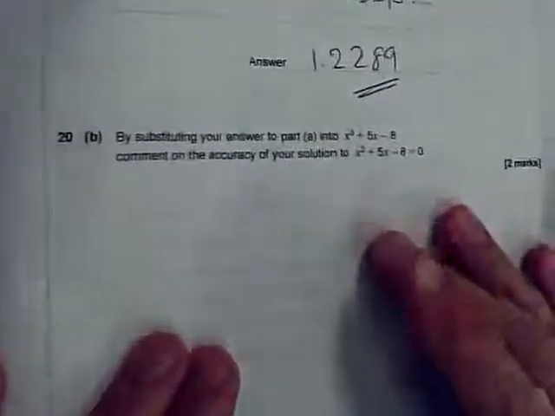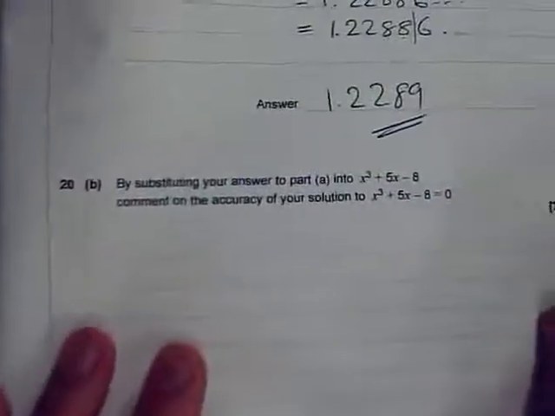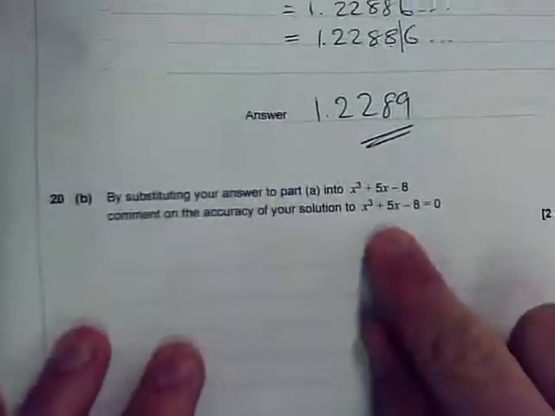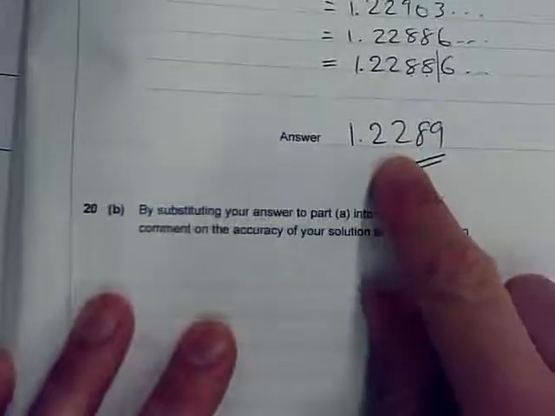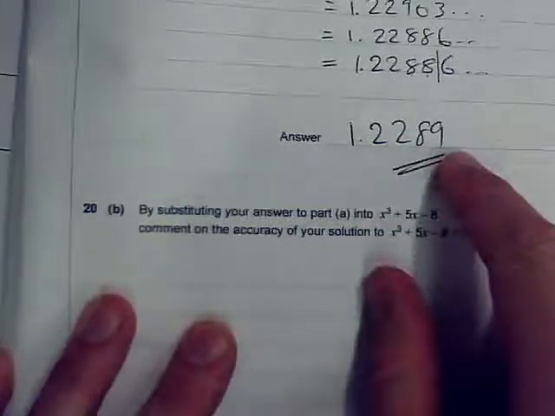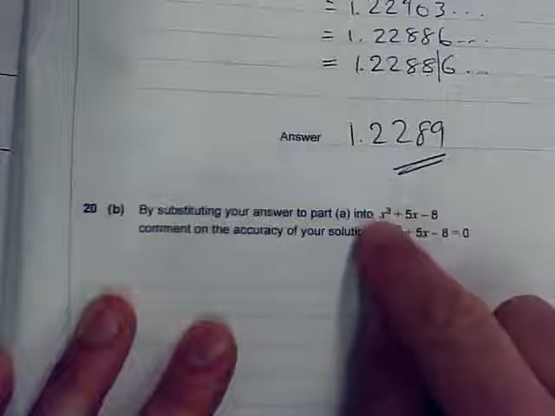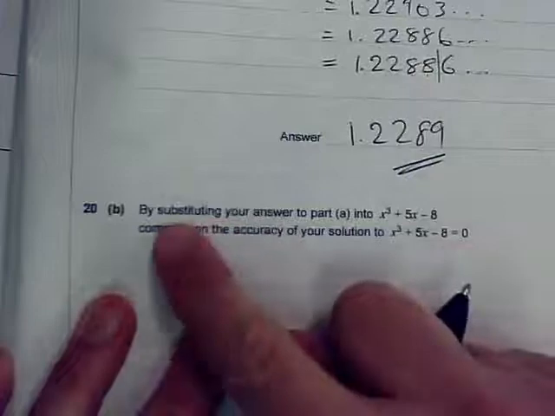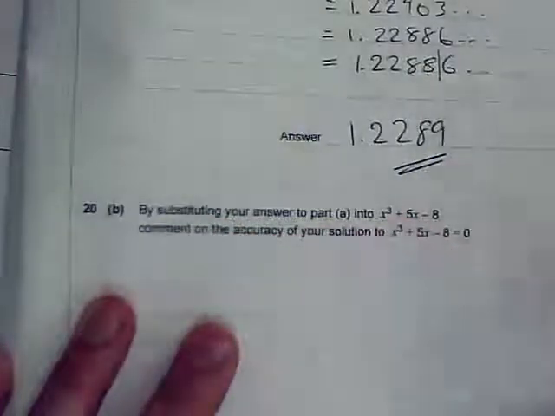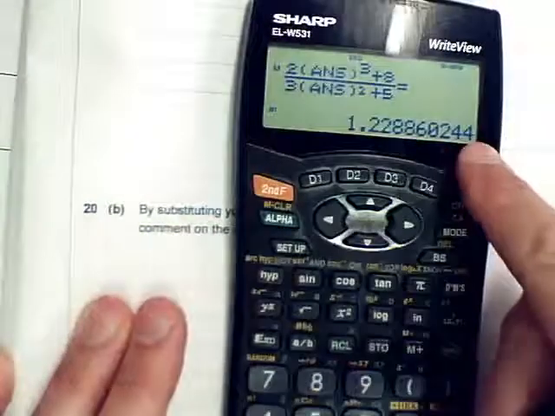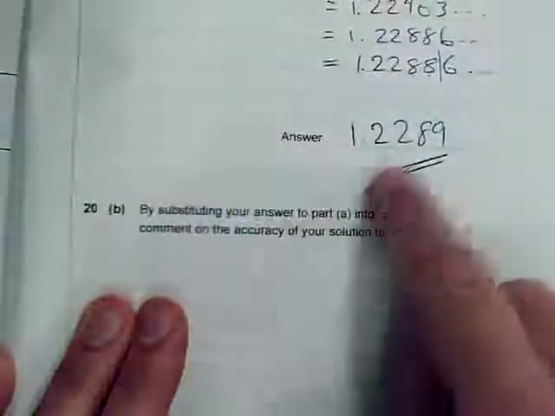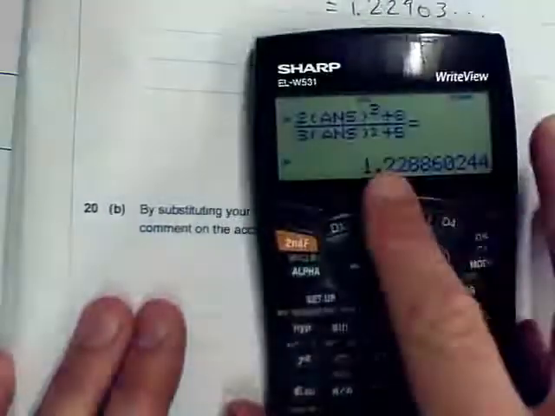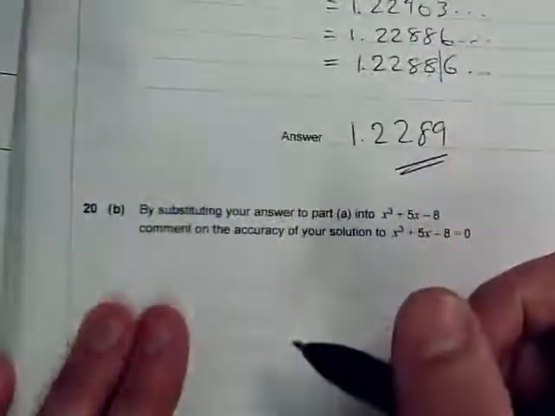Now in part B, it then says by substituting your answer to part A into this, comment on the accuracy of your solution. So remember, this part is supposed to give me an approximate value for x, okay, and it should equal 0. Now it says by substituting your answer to part A. On my calculator I know this value goes on forever, but it just wants my answer for part A, so I should only really substitute this answer in, not the long answer on my calculator display.